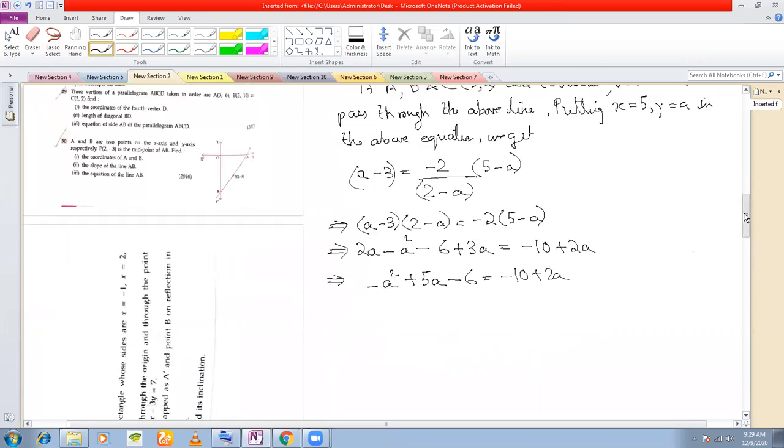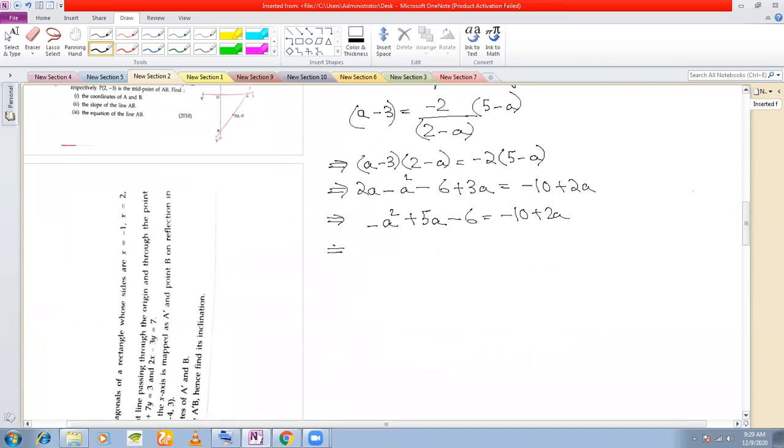Now bring everything to one side. Minus a square plus 5a, and bringing 2a from the right hand side to the left hand side, and minus 10 from the right hand side to the left hand side.